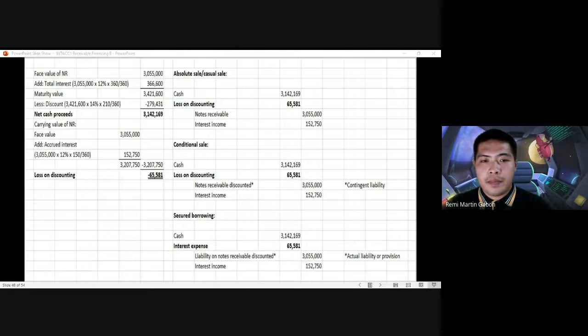Okay. Now, in addition to these journal entries, especially to conditional sale and secured borrowing, what if we have the assumption of dishonor of promissory note? Okay? So for absolute sale and casual sale, whether the maker pays upon maturity or dishonors the note upon maturity, we no longer have a journal entry.